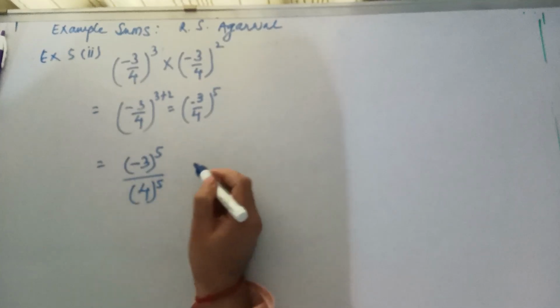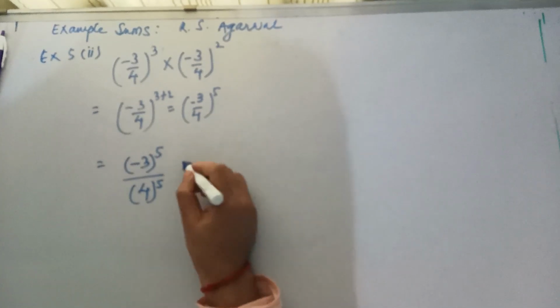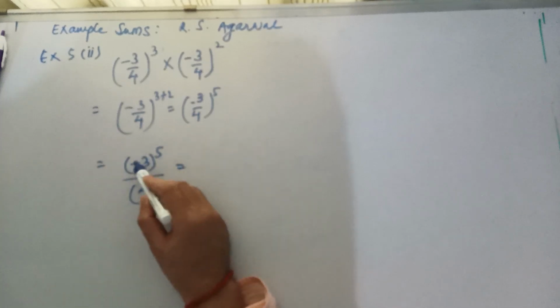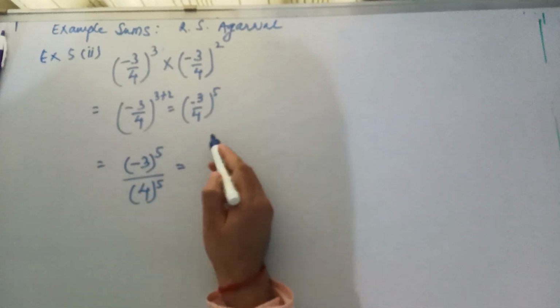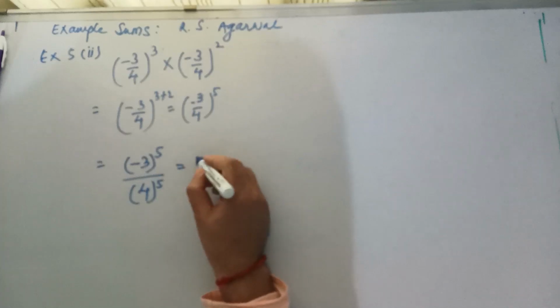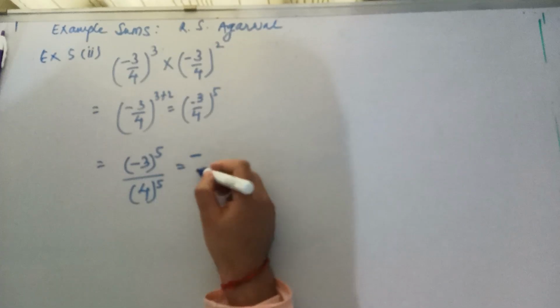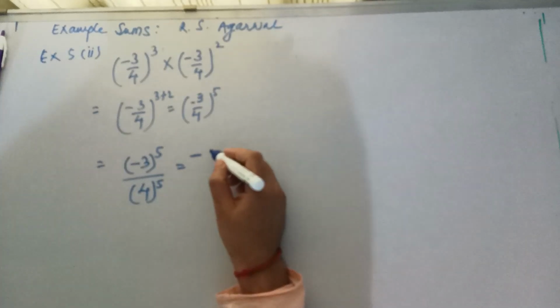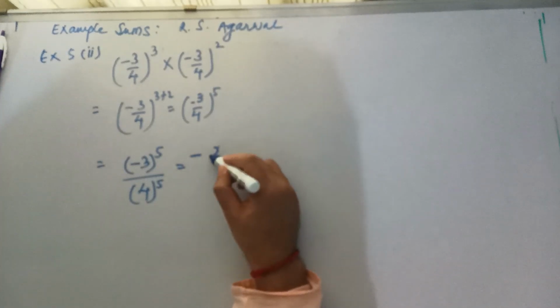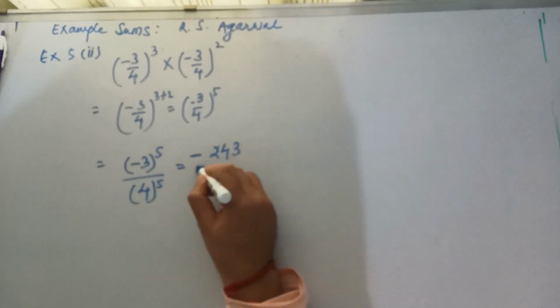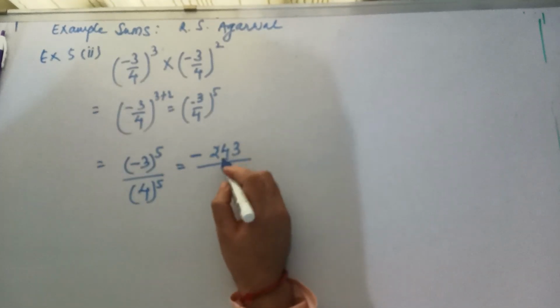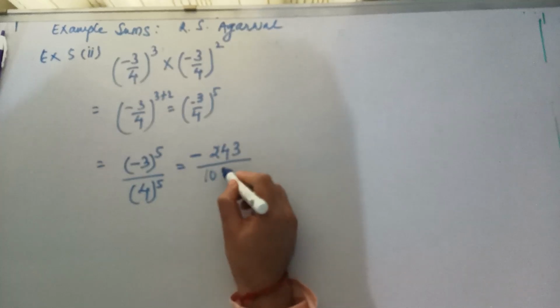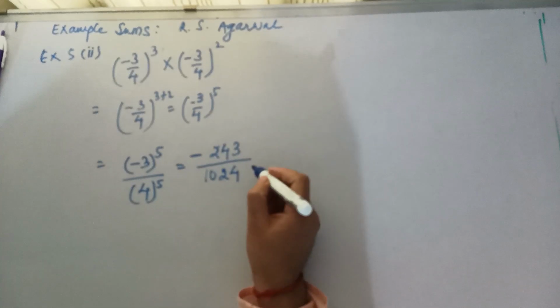When there is a negative sign inside and the power is odd, we will get a negative sign here. And 3 raised to 5 should give us 243 upon 4 raised to 5, which will give me 1024.